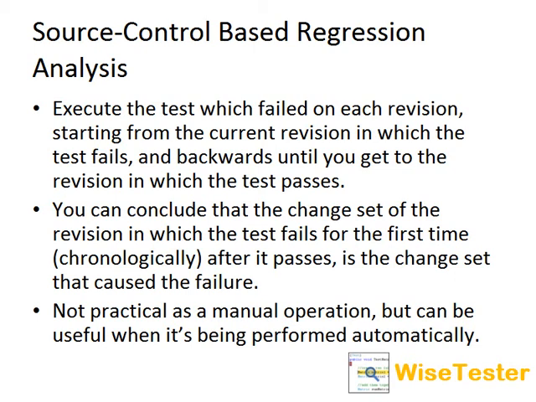In each iteration, he can build the sources and execute the test which failed. He can continue this process until finding the revision in which the test passes. He can then conclude that the change set of the revision in which the test fails for the first time chronologically after it passes is the change set that caused the failure.